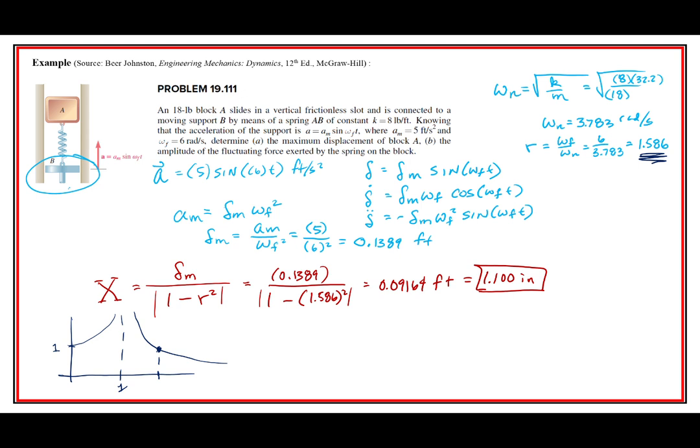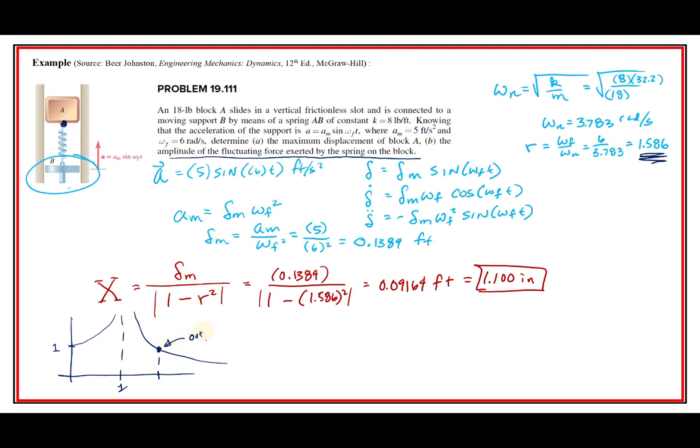A couple things we could do about the force amplitude, the force exerted by the spring on the block. I think the best way to approach this is to think about it as a spring that is being deflected. How much is it being deflected? Well, it's going to be deflected by the difference between, okay, because these are out of phase, that's part of the thought.